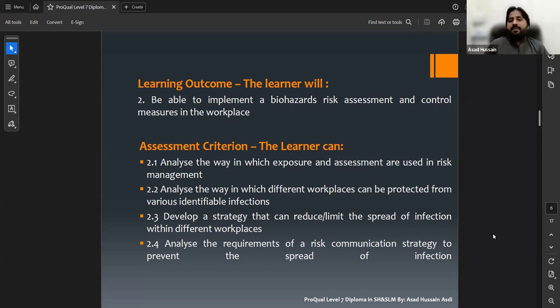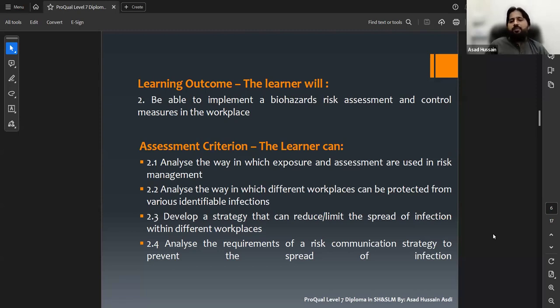But still, the absence of proper risk communication, or of a risk communication strategy, can enhance the spread instead of preventing it. What is required is that you should be able to analyze the requirements for a risk communication strategy.